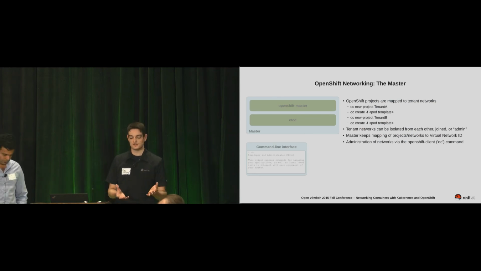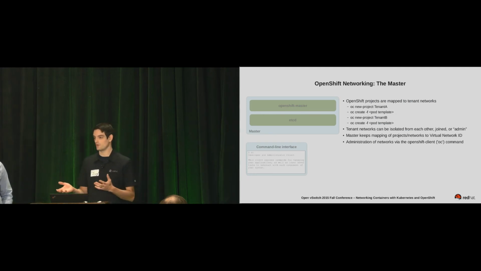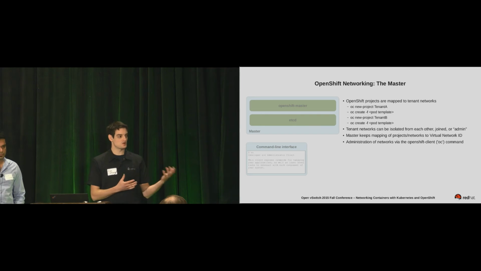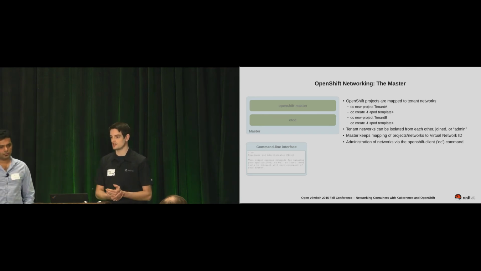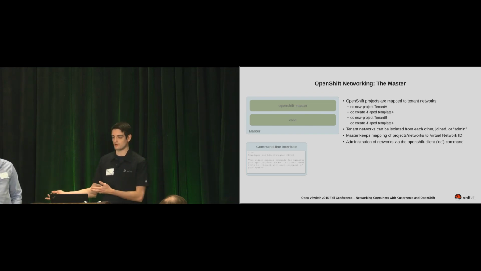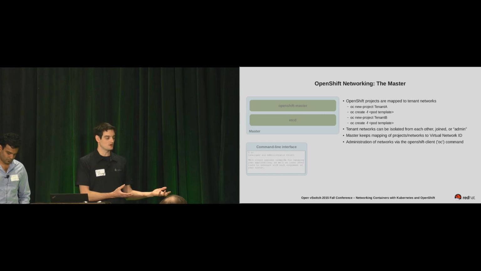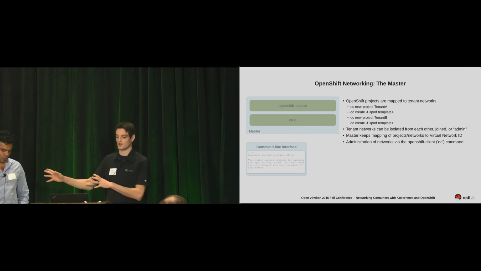With OpenShift, the tenant networks are mapped to OpenShift projects, and OpenShift projects are essentially Kubernetes network namespaces. So it's pretty easy to create a new tenant network with OpenShift. You just create a new project for Pepsi, Coke, or tenant A, whatever. Create a pod in that project, and then you can create another project, which is another completely separate isolated tenant network, and create other pods in that one.